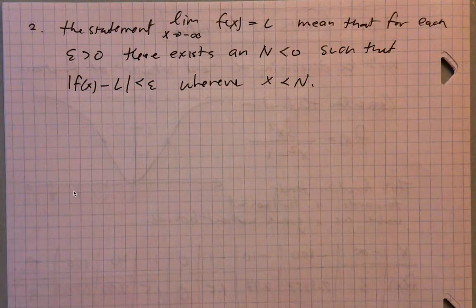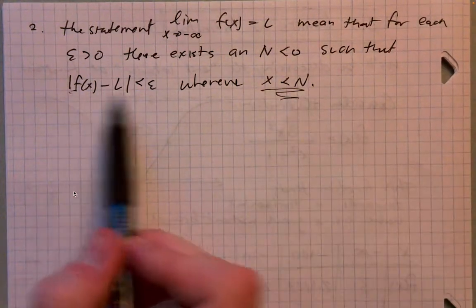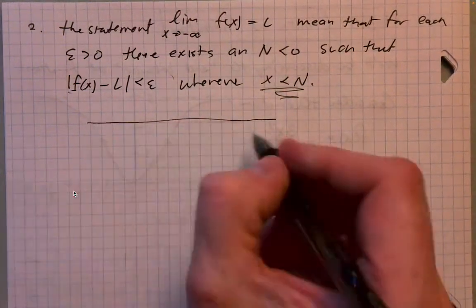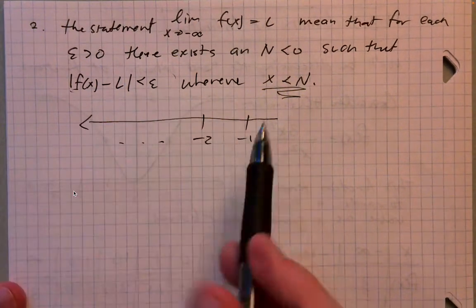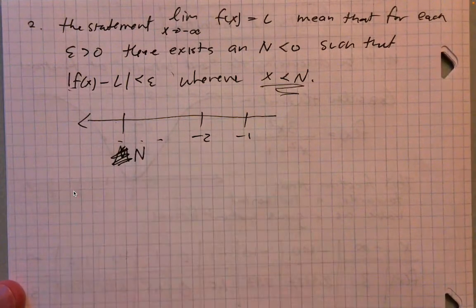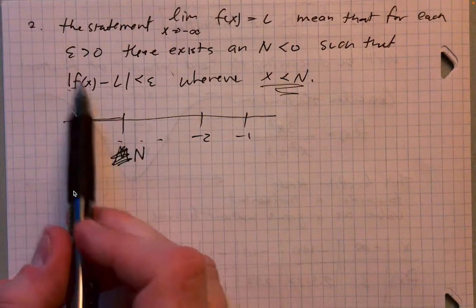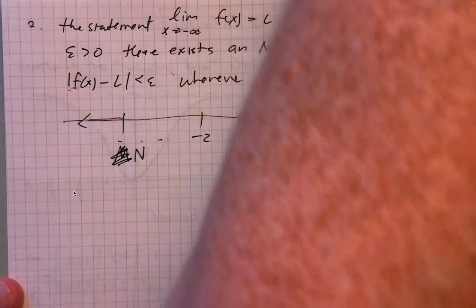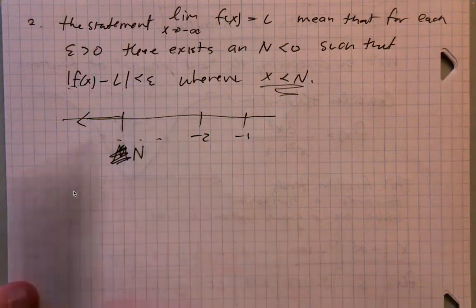So this is the exact same idea basically, except now you're saying that this has to hold for all x less than n, of course, because we're on the negative side of the number line, right? So there's going to be some m out here, or sorry, n in this case. There's going to be some n for which any x further out, when evaluated inside the function, will be less than epsilon.